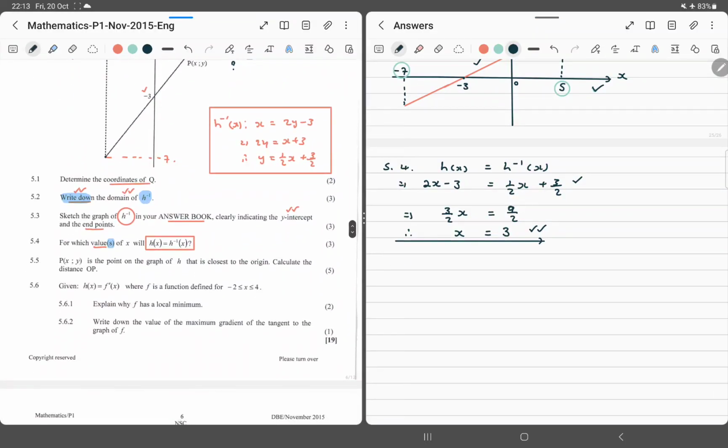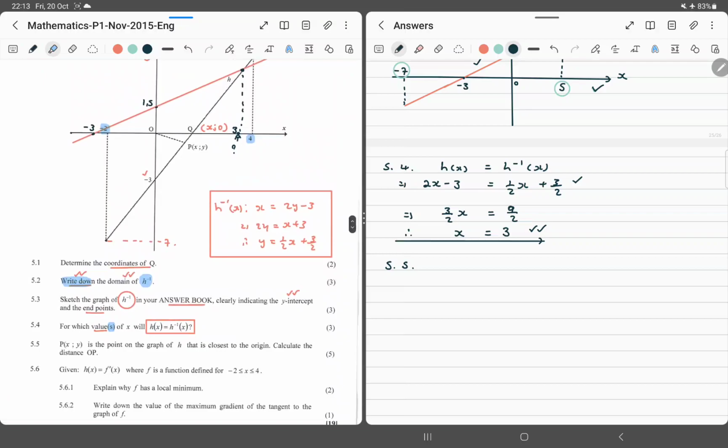We don't want to waste time. So we've got 5.5. It says P. Okay, now where's point P? There's our point P. With x is to y is the point on the graph that is closest to the origin. So what does that word closest mean? This is the minimum distance.